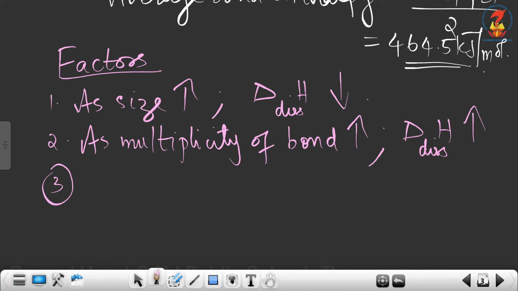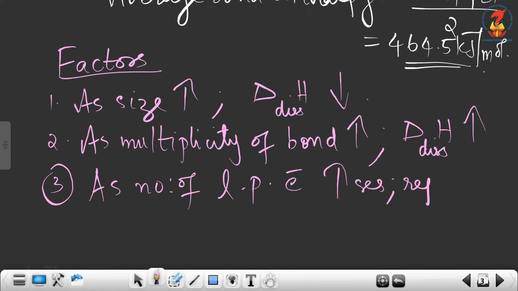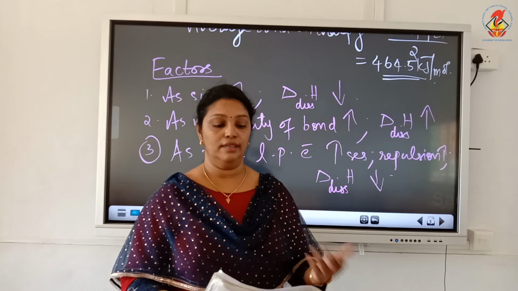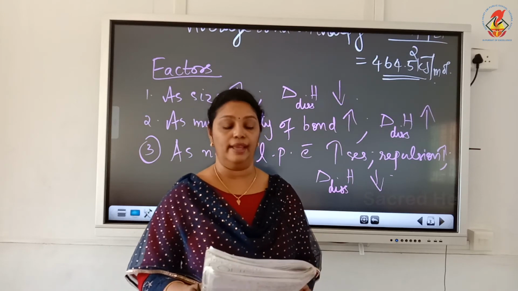As the number of lone pairs increases, repulsion increases and bond dissociation enthalpy decreases. So these are the three factors that affect bond enthalpy.